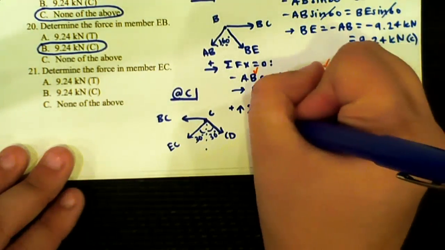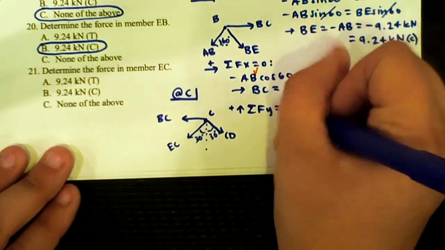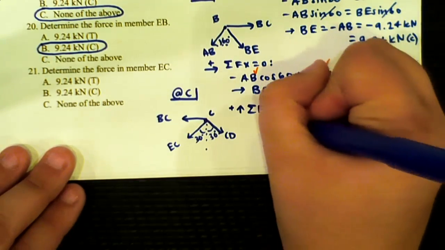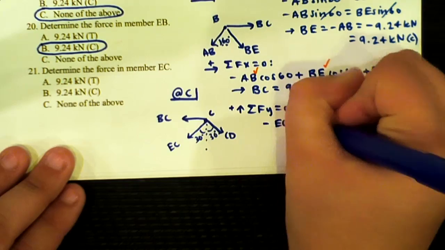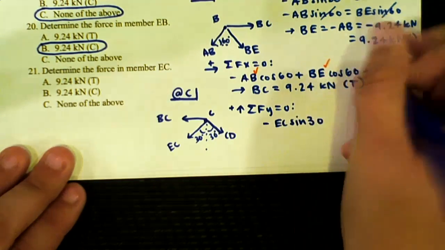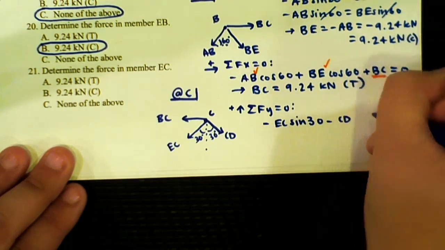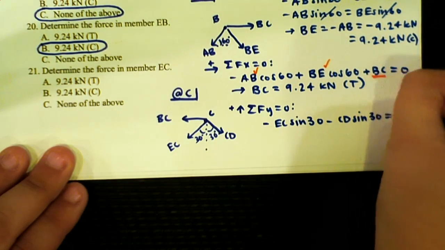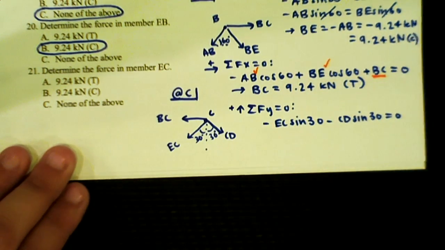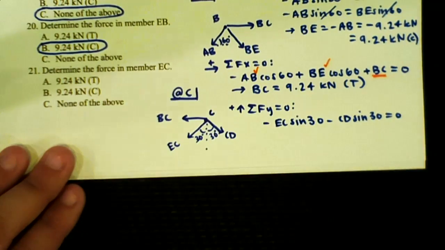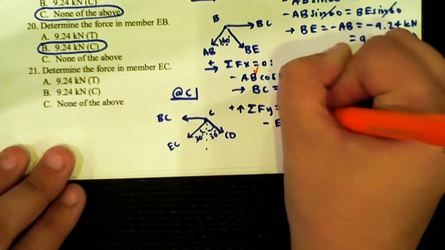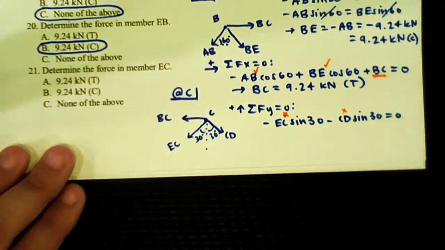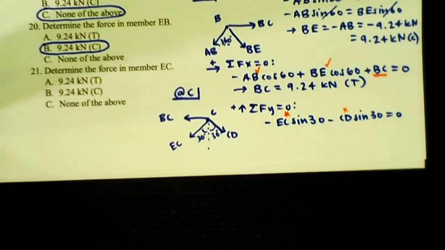We have negative EC sine 30 minus CD sine 30 equal to 0. So we have two unknowns. Do we solve for CD? No, not yet.